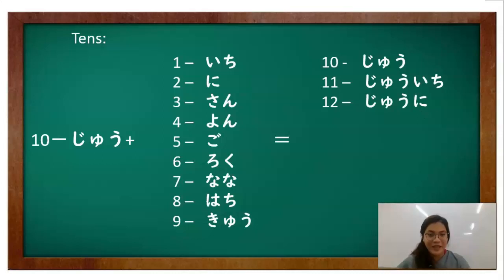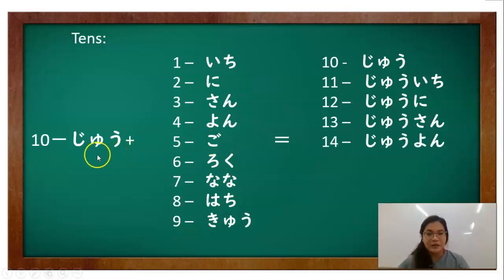Okay, next, how about 13? So 13, ju plus san equals jusan. Okay, 14. Ju plus yon equals juyon.